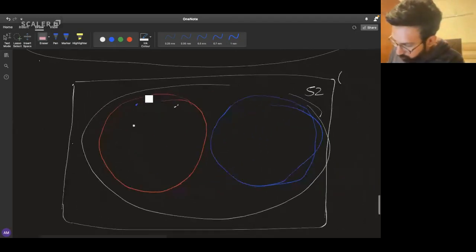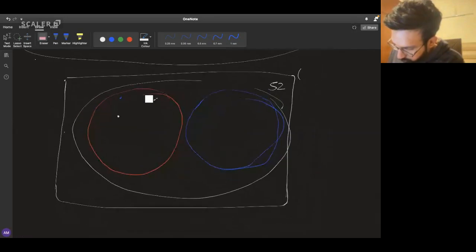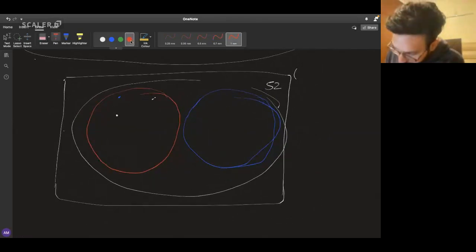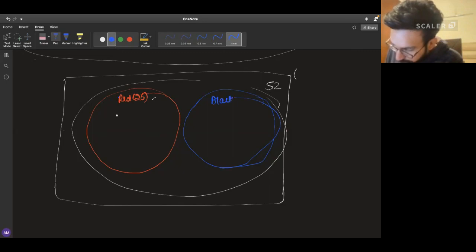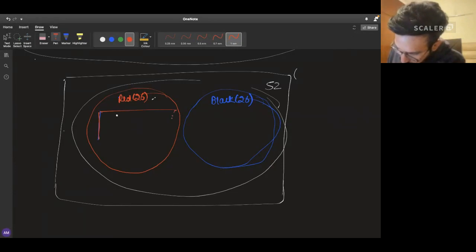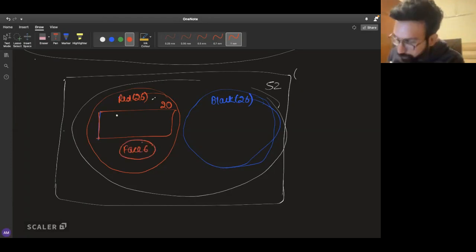So here in this red, we have 26 cards, right? Whereas here in black, we again have 26 cards, right? Yes, Anand. Now, here we have 20 numbered cards and 6 face cards. Does this make sense? Yes. Within red, we have 20 numbered cards and 6 face cards.